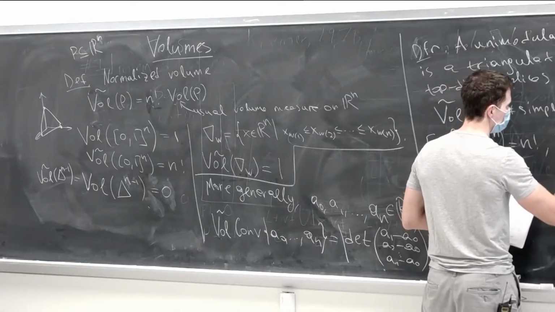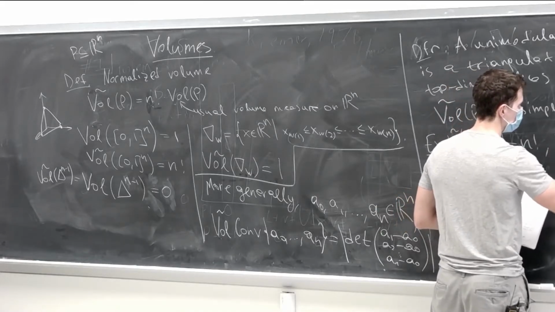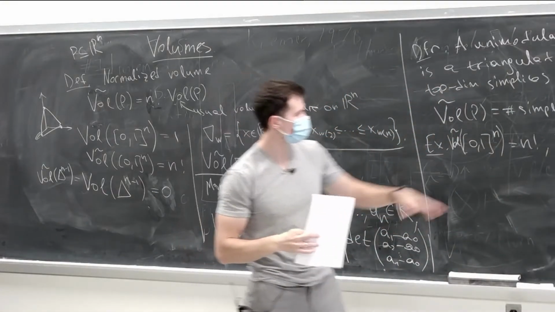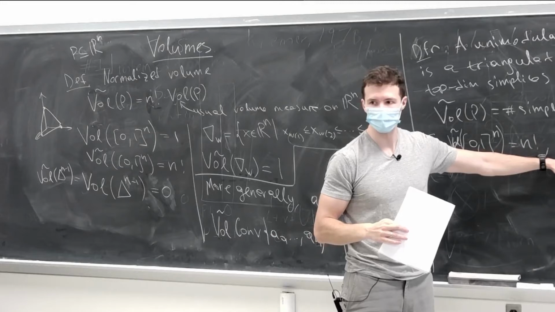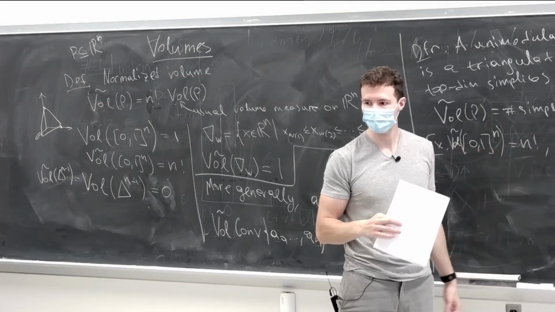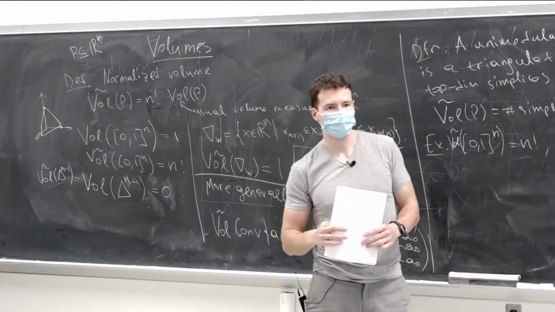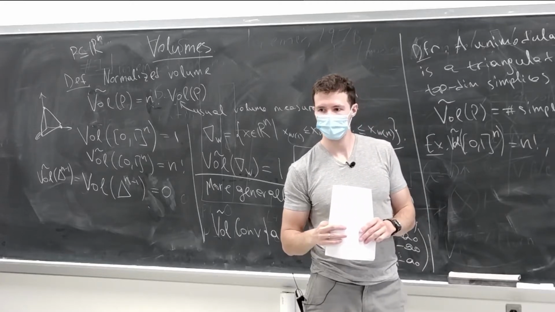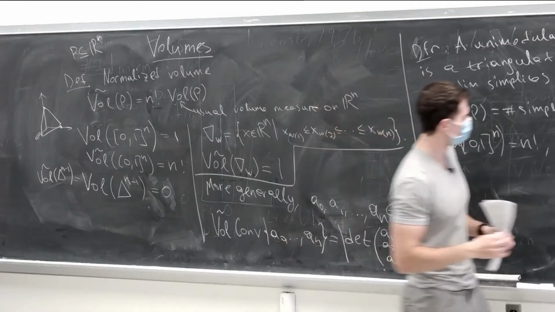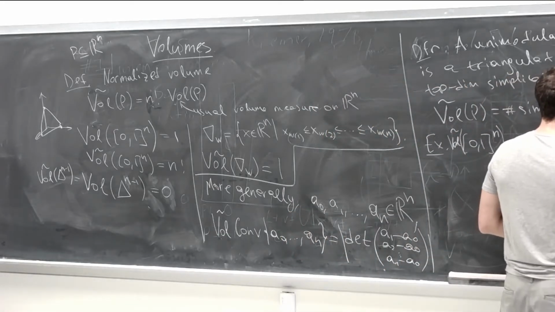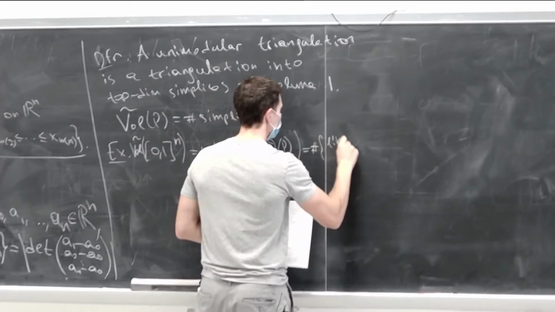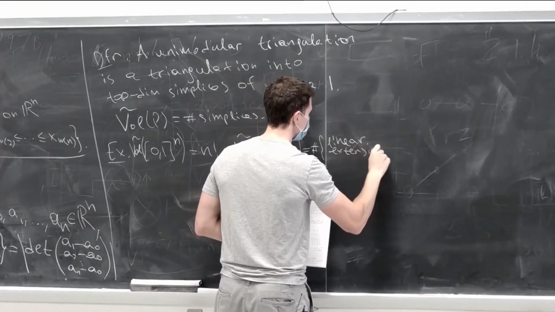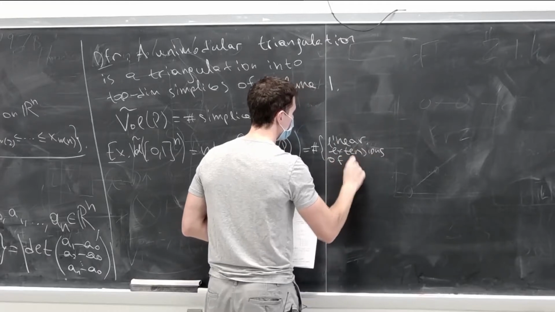The number of simplices is the normalized volume. If you remember, we also did the order polytope. Triangulate the order polytope, and then what was the answer? Right, the number of linear extensions of your poset.